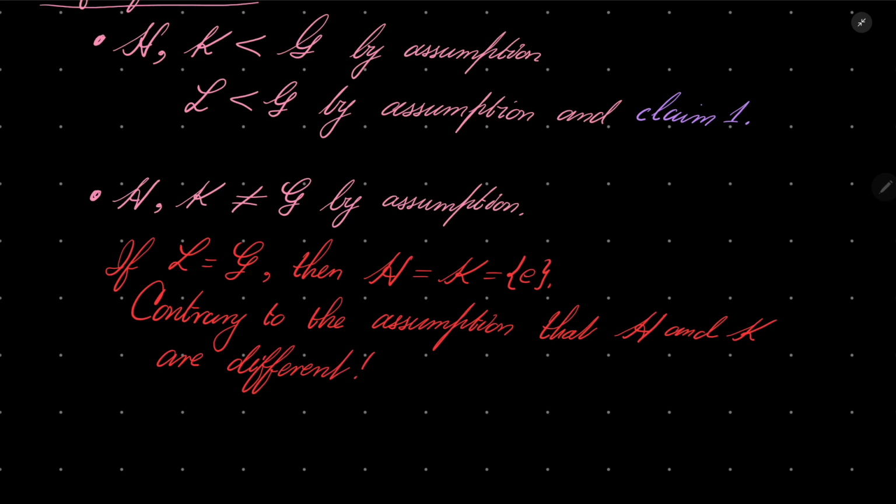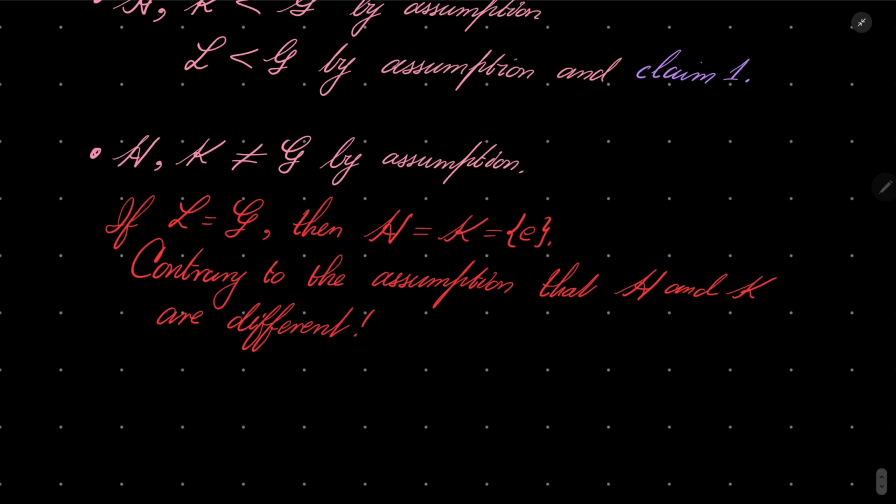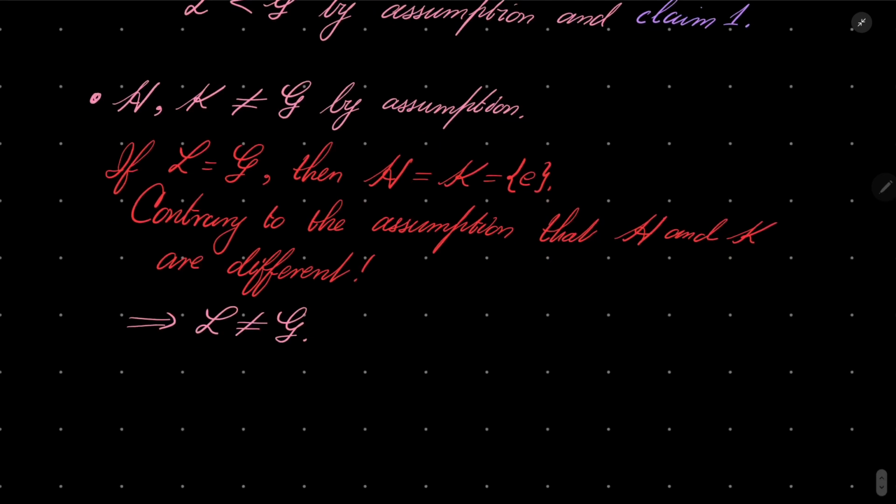So that means, in other words, that L is also a proper subgroup of G. Very well. And finally, I wish to show that at most one subgroup can be trivial.